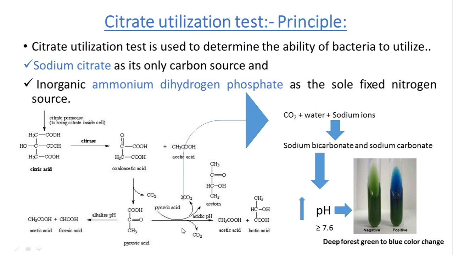Depending on the pH of the medium, which in this case is acidic, below 7, this pyruvic acid is converted into acetone, acetic acid and lactic acid, and during this conversion it liberates carbon dioxide.